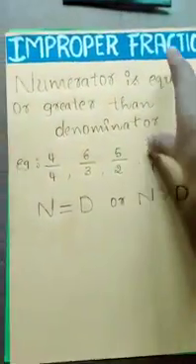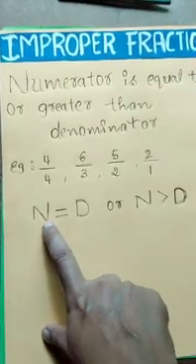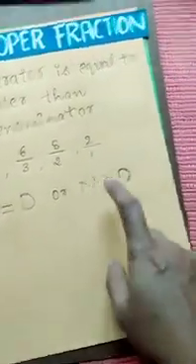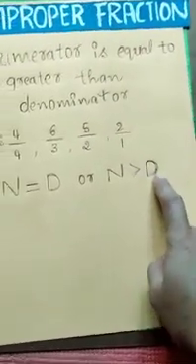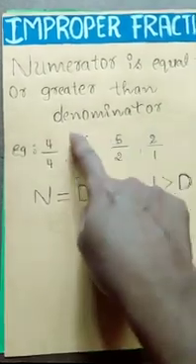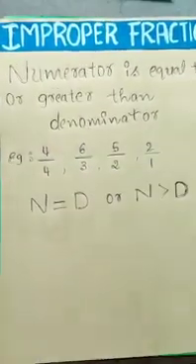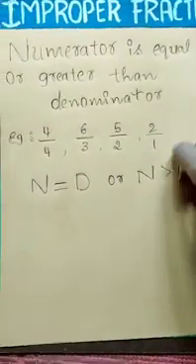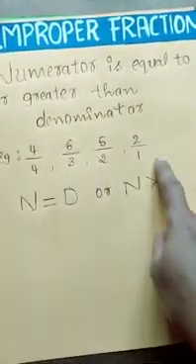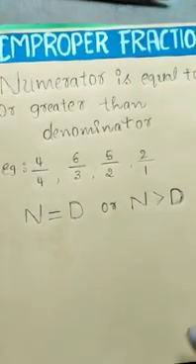Next we move to improper fraction. Numerator equal to denominator is also an improper fraction, and numerator greater than denominator is also an improper fraction. You can see the examples here: 4 by 4, 6 by 3, 5 by 2, 2 by 1. All the numerators are greater, the denominators are smaller, and in one case they are equal.